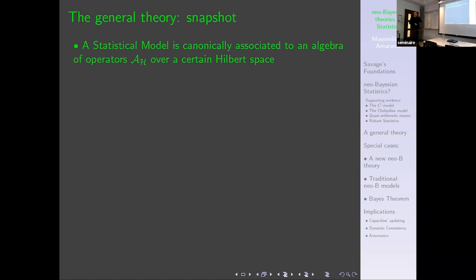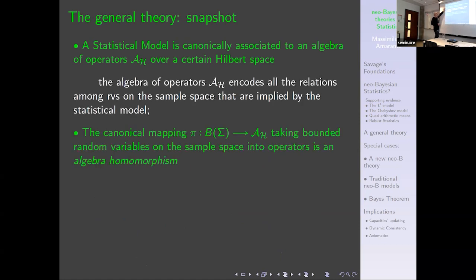Okay, so the theory that I built goes as follows. One first shows that the statistical model is canonically associated to a certain algebra of operators. Then you show that this algebra of operators encodes all these relations among random variables, the ones that you cannot express by means of an algebra of functions.